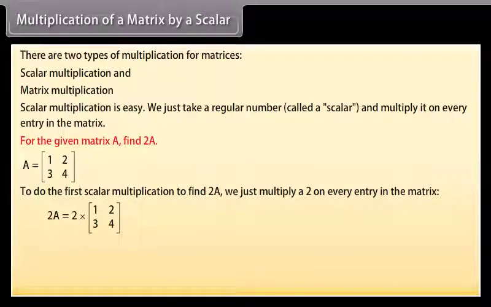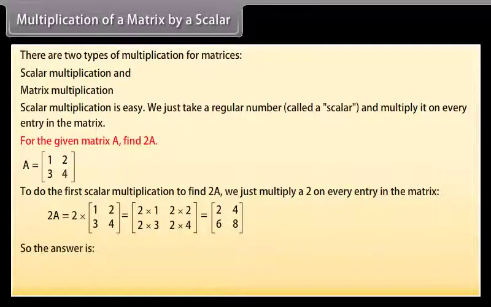2A is equal to 2 times the matrix with first row 1, 2 and second row 3, 4, which is equal to the matrix with first row 2 times 1, 2 times 2 and second row 2 times 3, 2 times 4, which is equal to the matrix with first row 2, 4 and second row 6, 8.